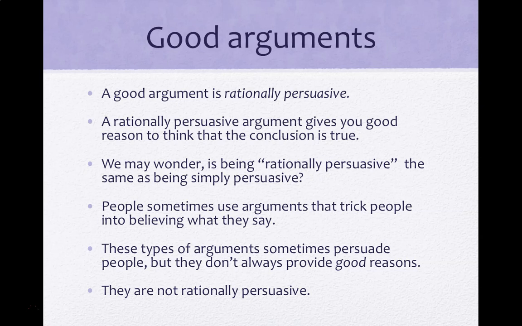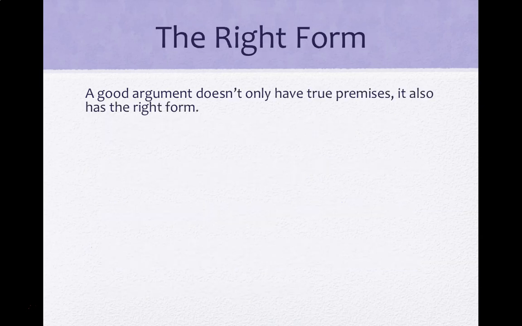A rationally persuasive argument is an argument that has good reasons and the right form. The right form. A good argument doesn't only have true premises, it also has the right form. So, here's an argument. Grass is green, so roses are red. This is a weird one.